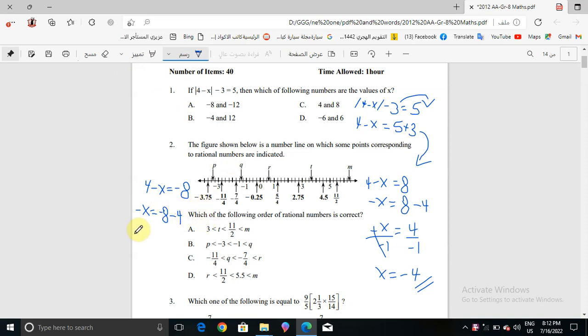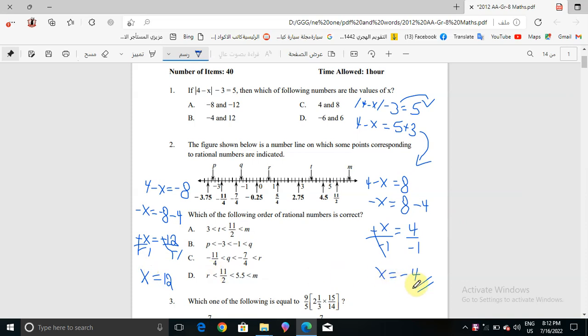So that means negative x is equal to negative 12. Then divide both sides by negative 1. Then cancel negative by negative. Then you will find x is equal to what? 12.